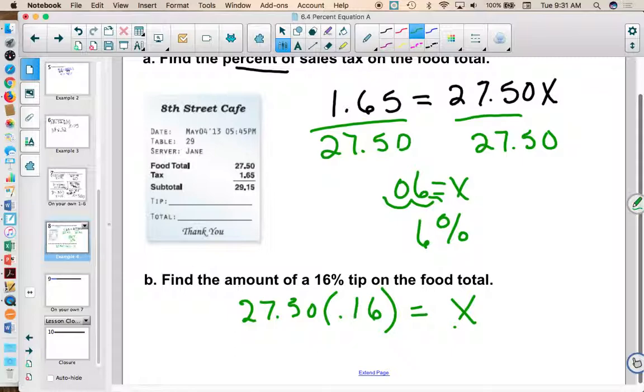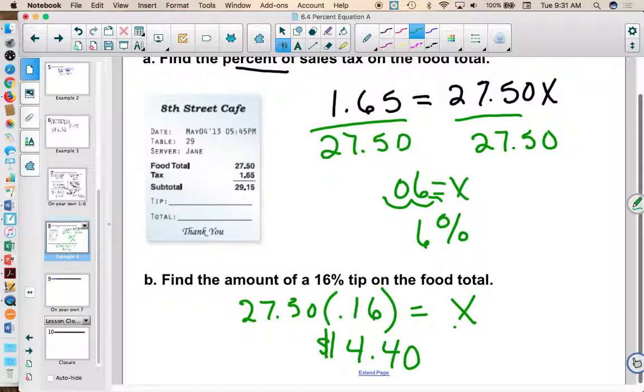How much money should I leave for this waitress? Nope. How much money should I leave, Javen? Close. It's not 400, it's $4.40.